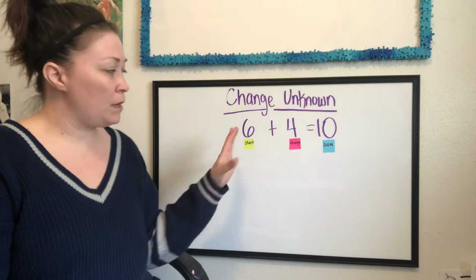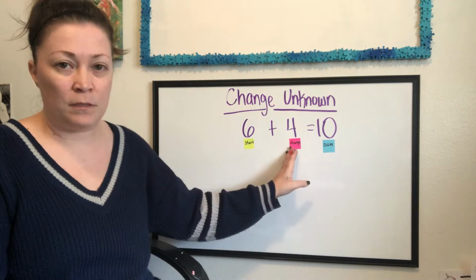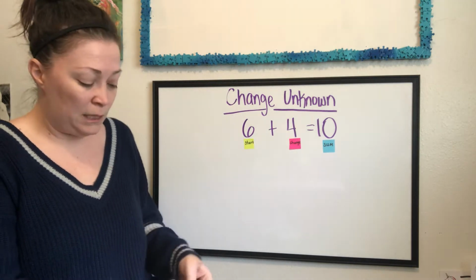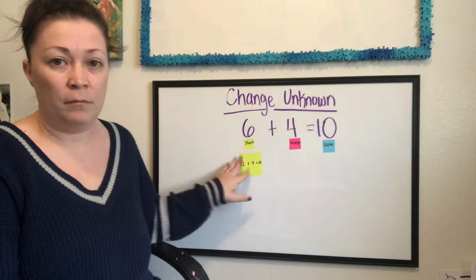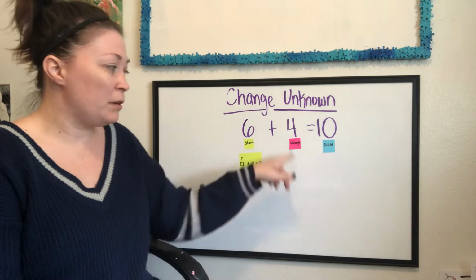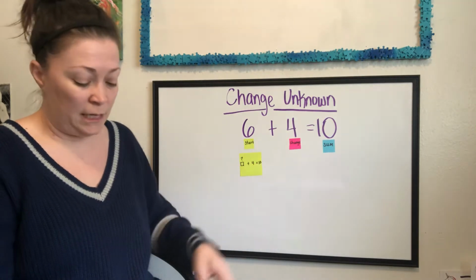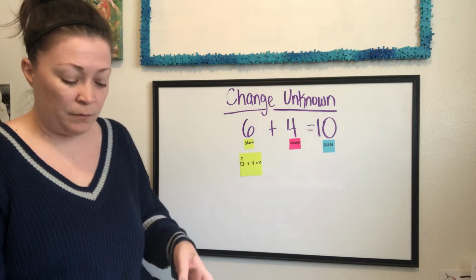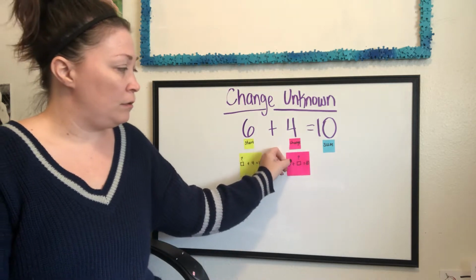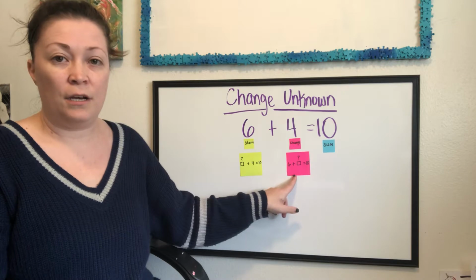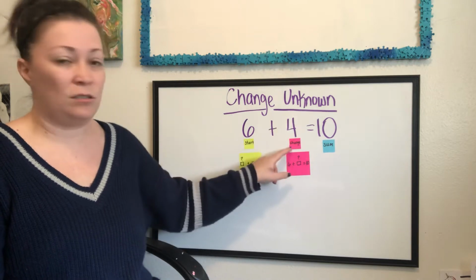So these are 3 different types of problems. We could be missing the starting number. That's called a start unknown problem. We could be missing the change number, and that's what we're really focused on, these pink ones right here. So the change can be unknown, where we don't know what this change is.